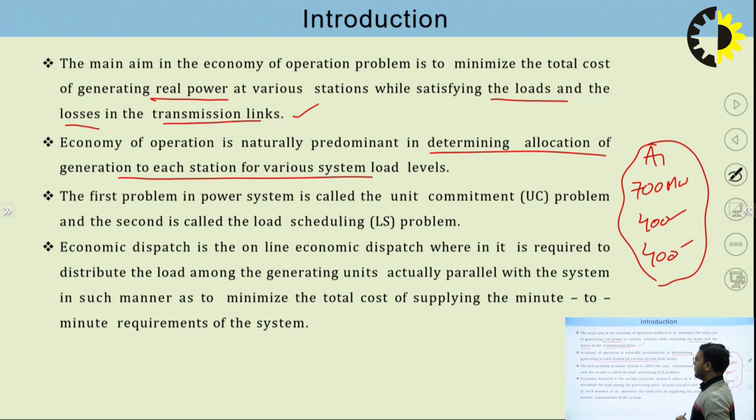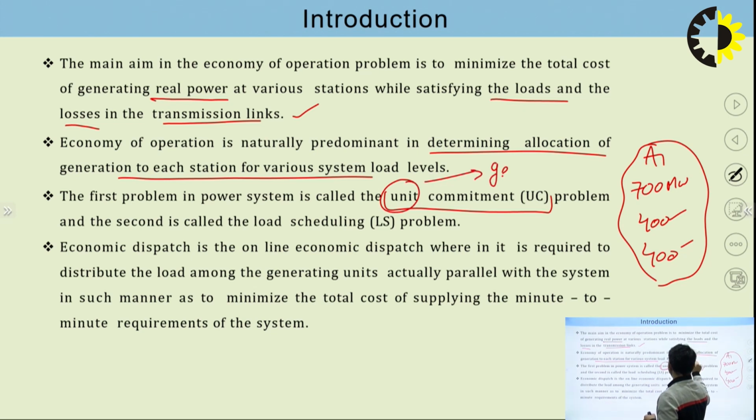Now the first problem in power system is called the unit commitment problem. This is an important one. So what do you understand by unit commitment? The word unit here is treating your generator. So basically the unit represents the generator, and the commitment is basically turning on.